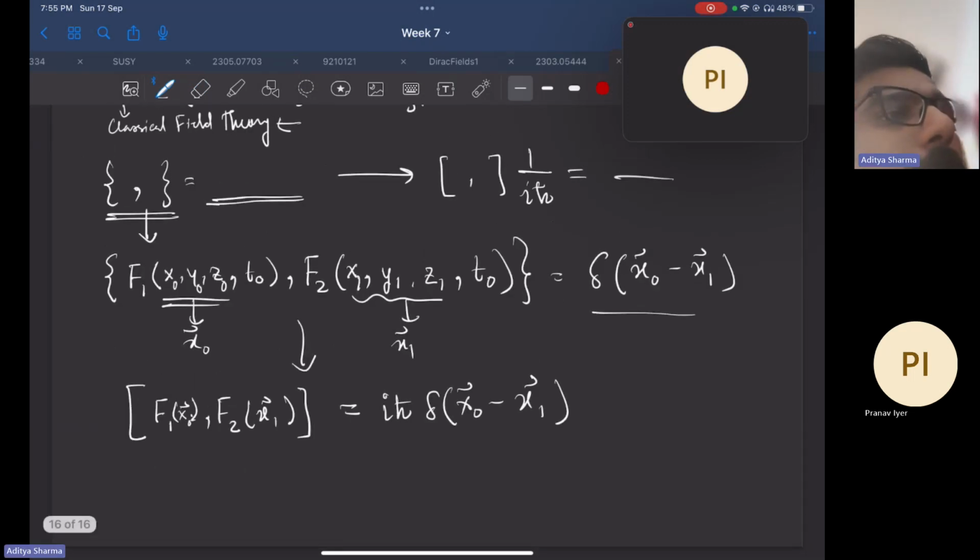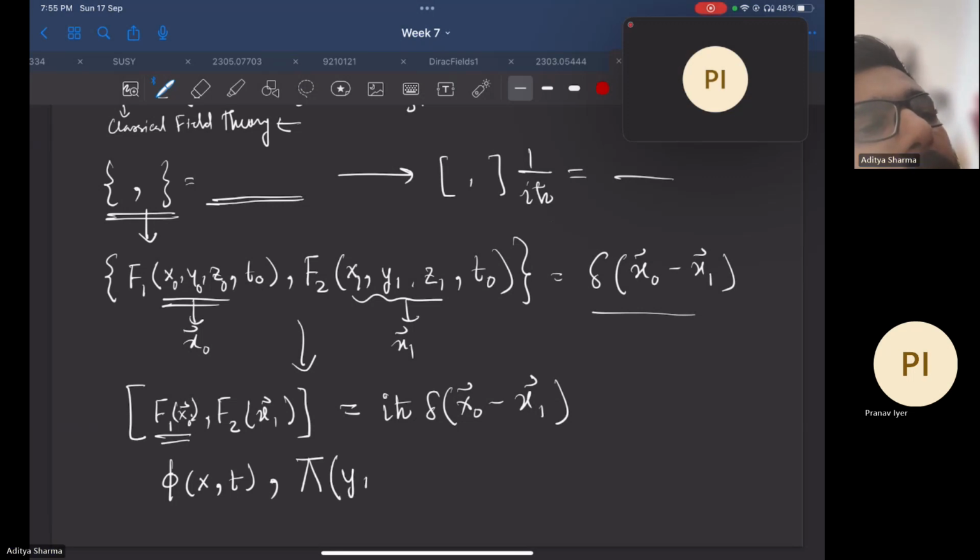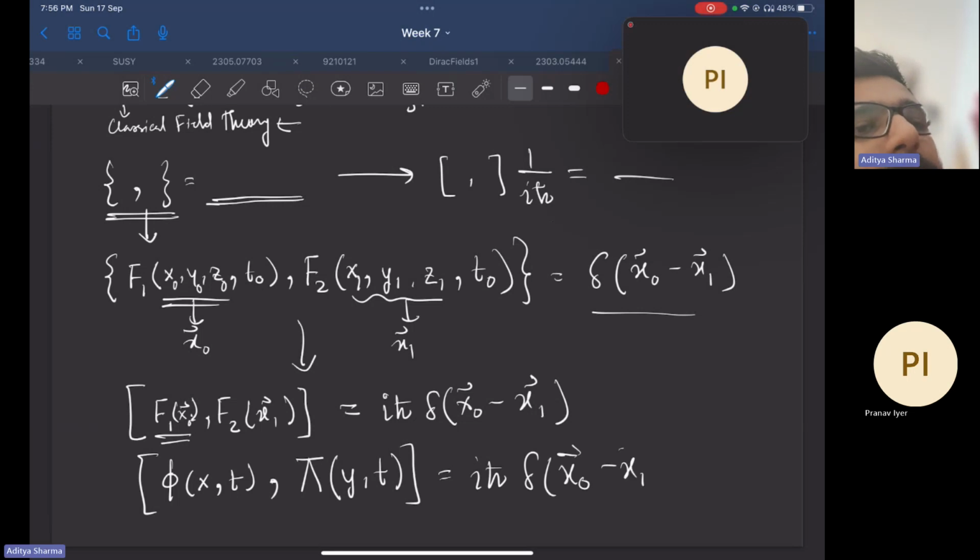For example, if this is a Klein-Gordon theory, your field one is phi of x at the same time t. The other one is the field momentum, pi of y at the same time t, but a different spatial position. I'm going to have iħ times the Dirac delta of x naught minus x1.